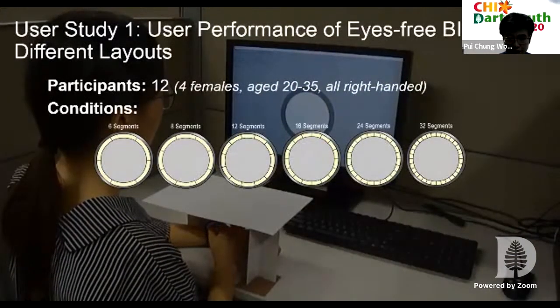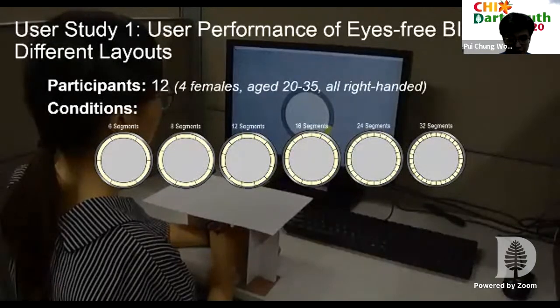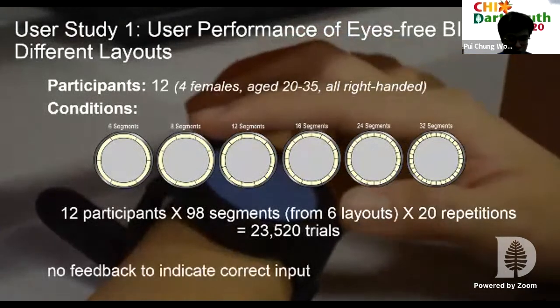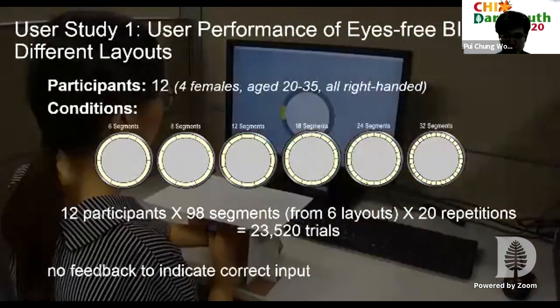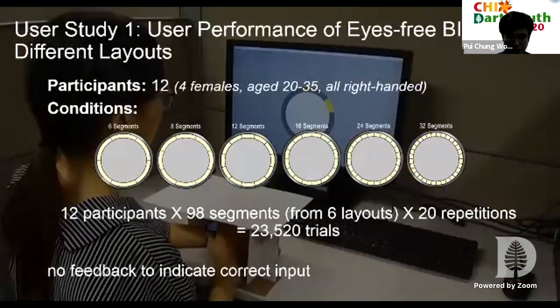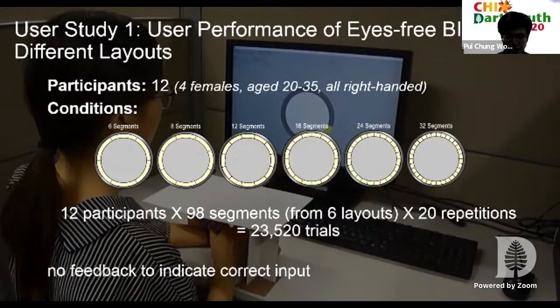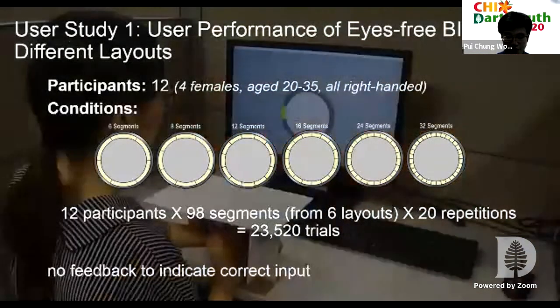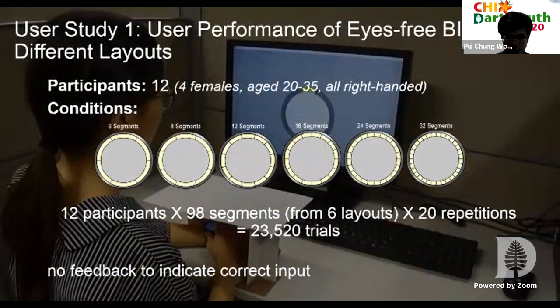This is to ensure that they could not see the smartwatch screen. During the study, no feedback was given. This is to avoid slowing down the swiping gesture due to visual or audio feedback, and also to avoid influencing the next swipe due to the result of the current swipe.